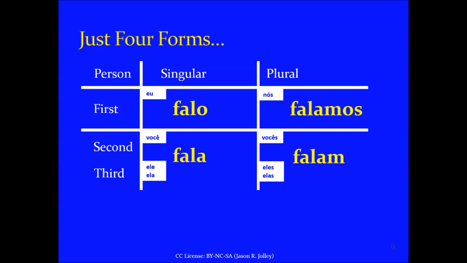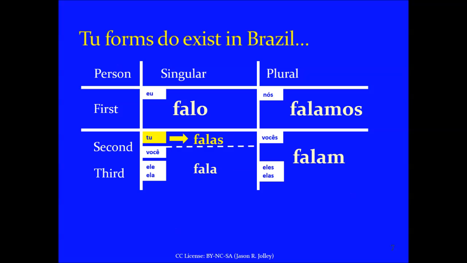And for the purposes of verb conjugation, this chart can really be collapsed into just 4 positions, since, as you can see, the verb forms used for você and vocês coincide with those used for the third person singular and plural positions. Now, for the record, and because I'm sure someone will ask about it or point it out, and it's a difference between Brazilian and European Portuguese, there are in fact forms that correspond to the pronoun tu in Brazilian Portuguese.